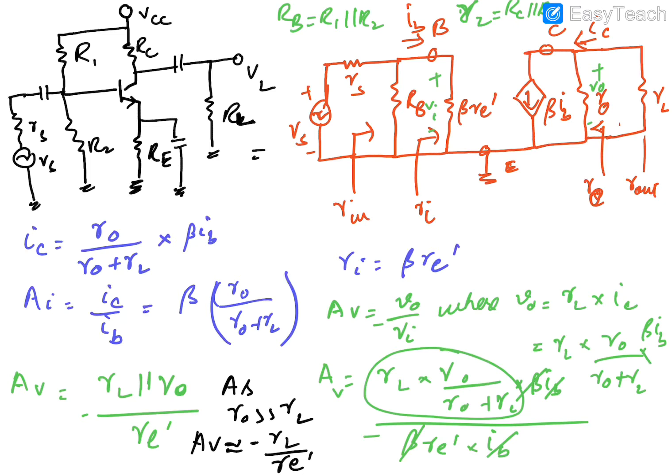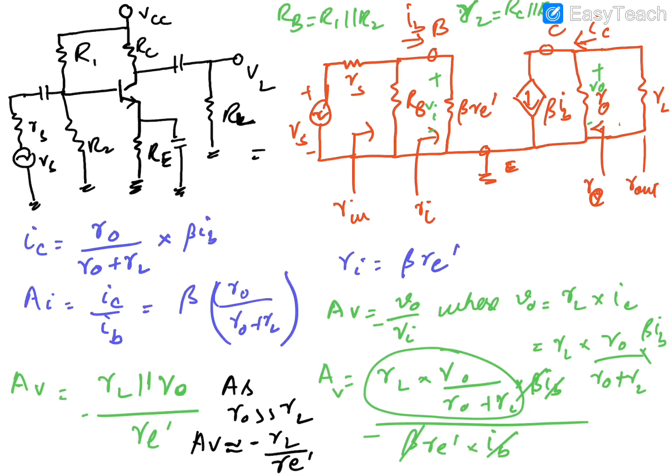So the current gain will be equal to IC divided by IB. This is open loop current gain, which is calculated from the output of the transistor to the input of transistor. At the input of transistor, the current flowing is IB. So AI will be equal to IC divided by IB. When IC is divided by IB, we have the value of open loop current gain, which is equal to beta times R naught divided by R naught plus RL.